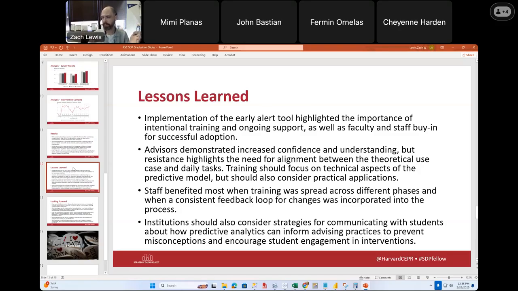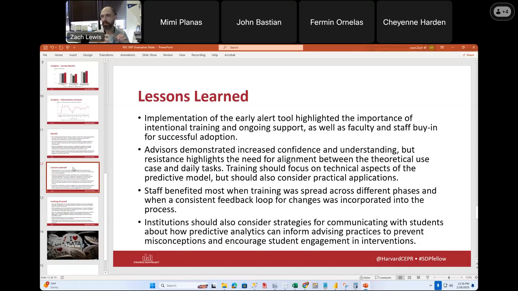But it really took time to sit with and advocate for, and make the case for the need for this type of work. And ultimately, I think we were able to start to make some inroads there, but we have some more work to do. We did see that advisors demonstrated increased understanding and confidence in the work, but there was still some resistance.